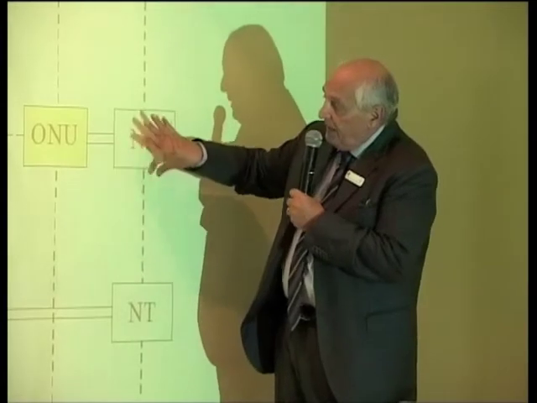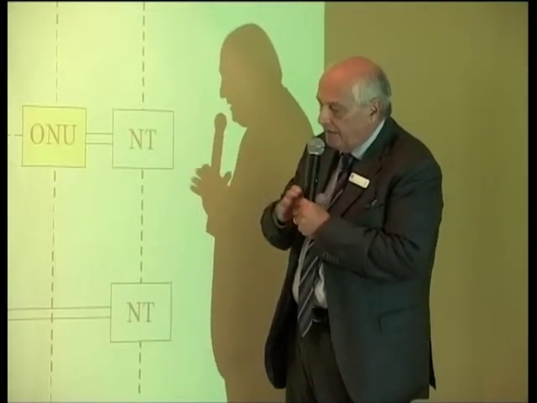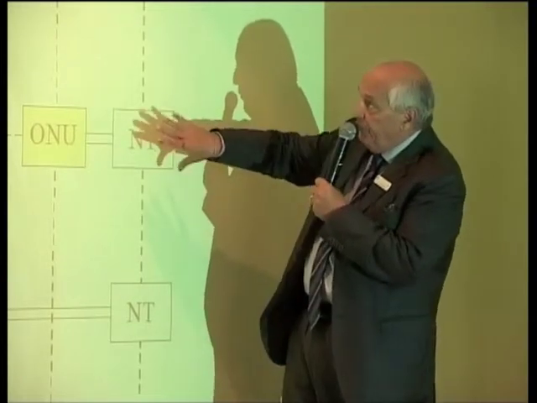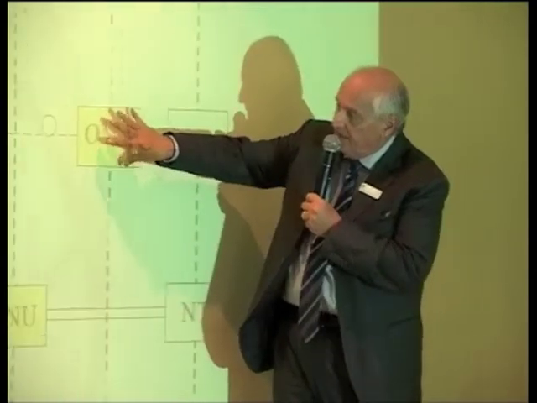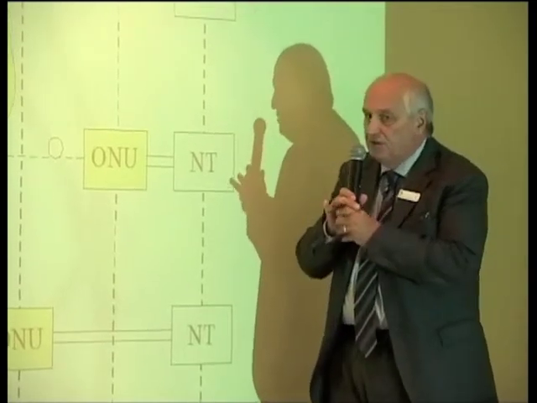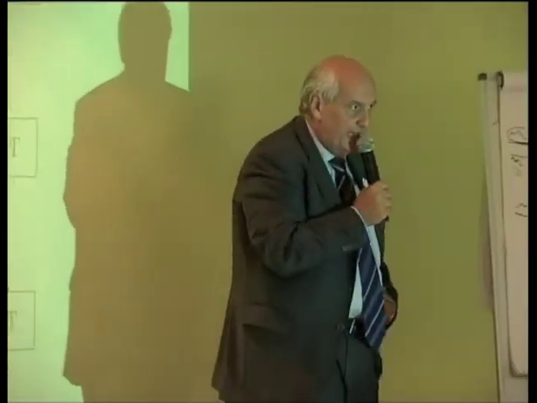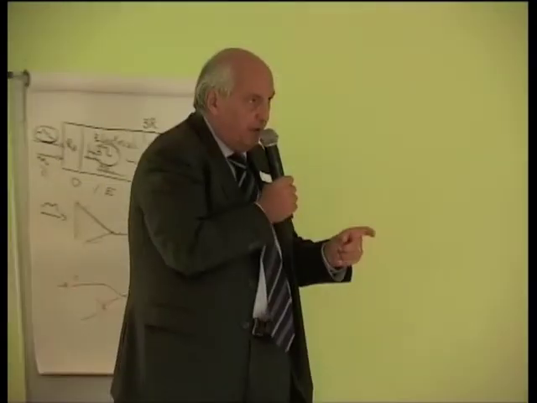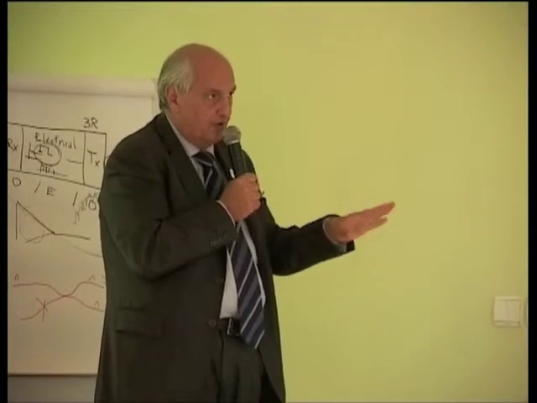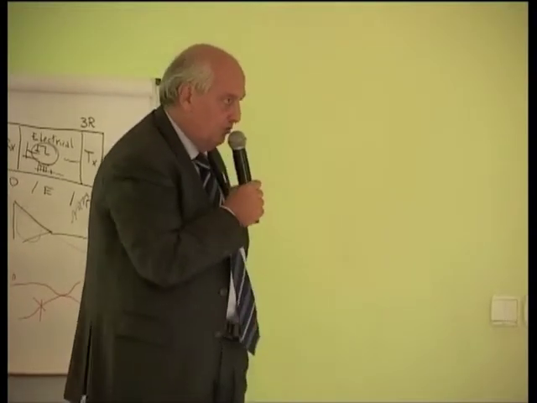The copper pair reaches the network terminator inside the house of the customer. If you have in the same place optical network unit plus network terminator, the name changes to optical network termination, but it's simply the two blocks together. So if you put the ONU very close to the network terminator, you shall have just one unit, which is called optical network terminator.